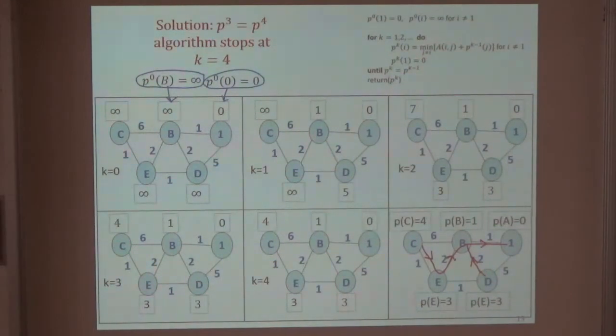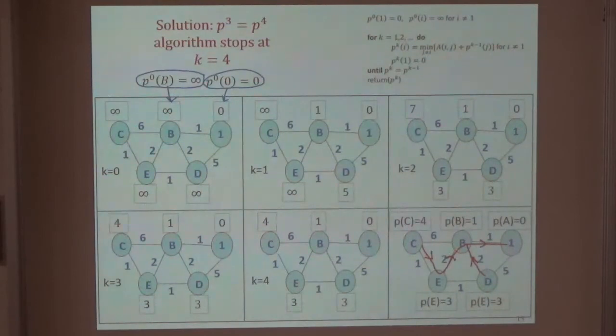For k equals 2, it's the same. It is the cost of going to destination 1 in at most 2 hops. So if I'm allowed a budget of 2 hops, if I put packets with a TTL of 2, this is the best cost I can achieve. We see C, for example, is at the distance of 7 because the only 2-hop path that goes to 1 is the path via B, C-B-1, and it has a cost of 7. At k equals 3, we find the cost of going there in up to 3 hops.